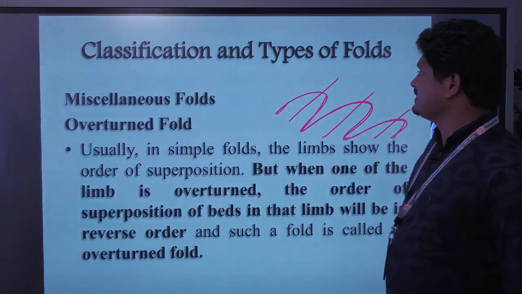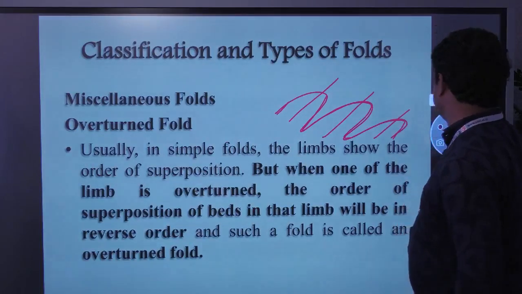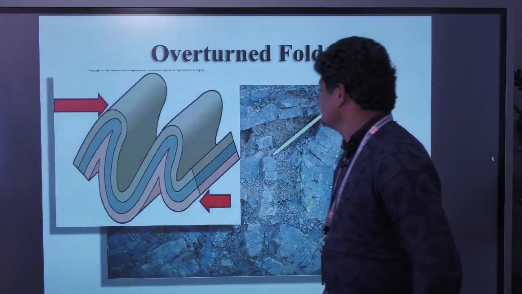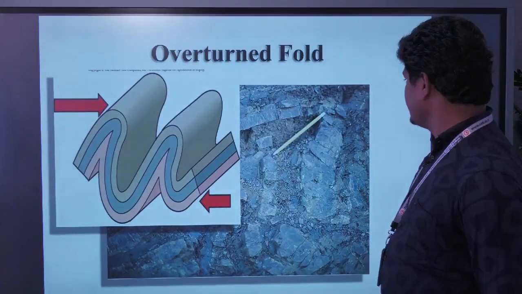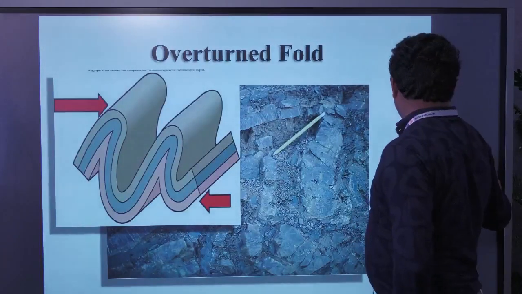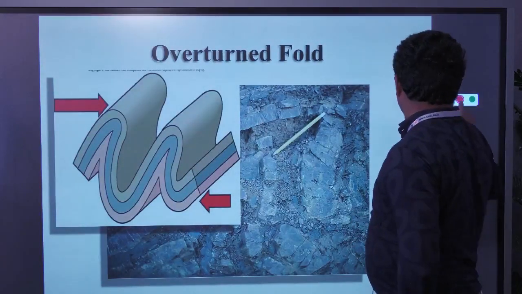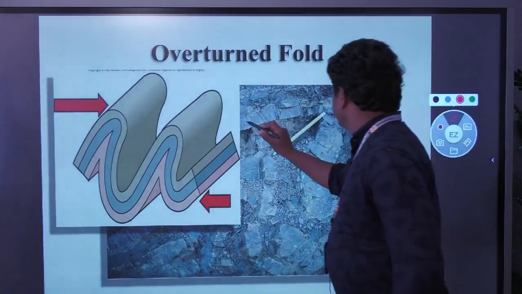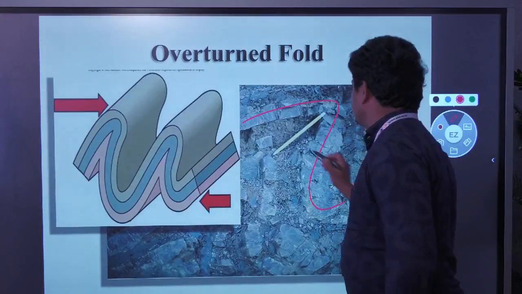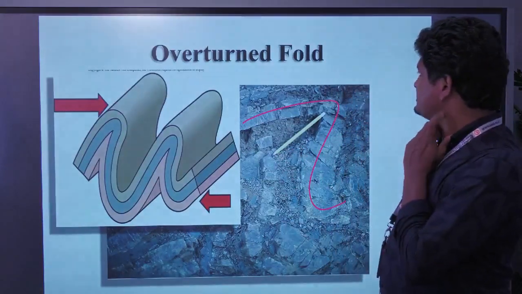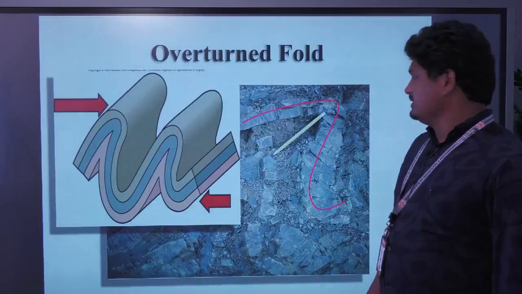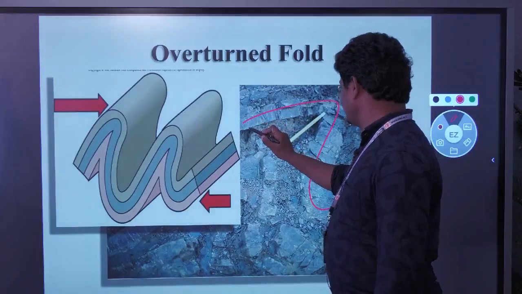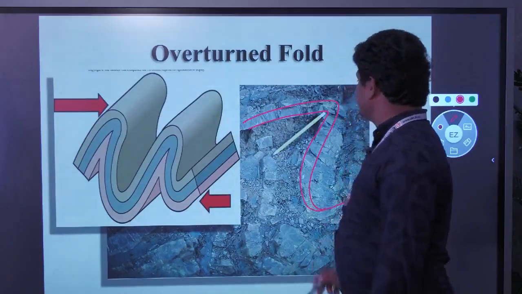This is called an overturned fold, identified in rock masses. This is the overturned nature. Due to compressional forces acting on a particular rock body, the rock will be overturned, and later the positions will be seen in this type of structure.